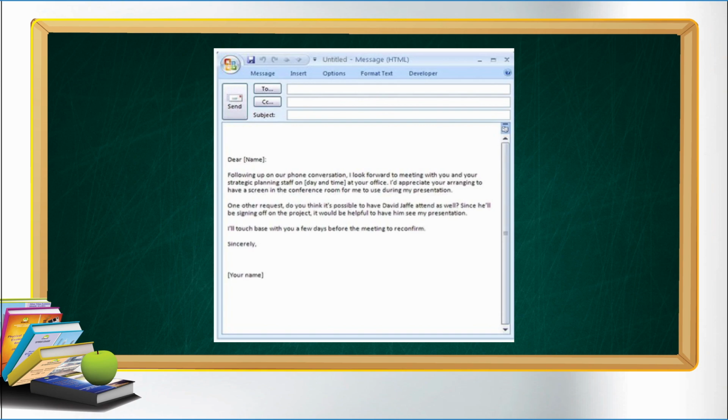Let us look at the template of an email again. After you have written the email addresses and the subject, you now proceed to the salutation. Learners, please take note that this is where the first difference starts.